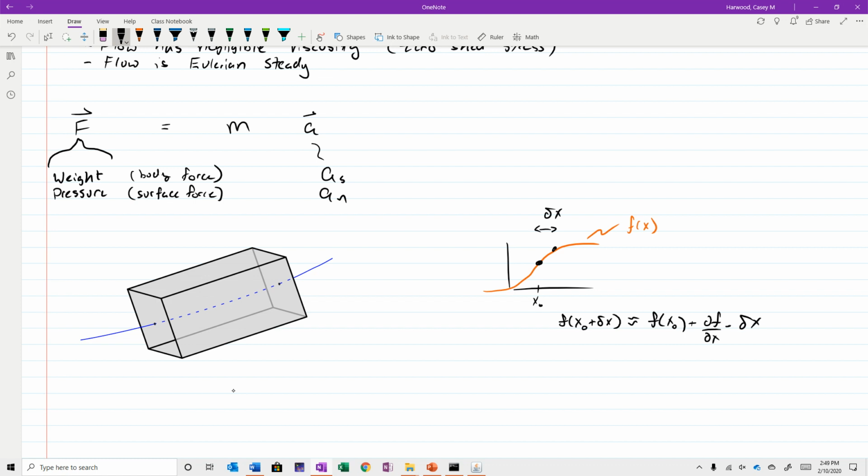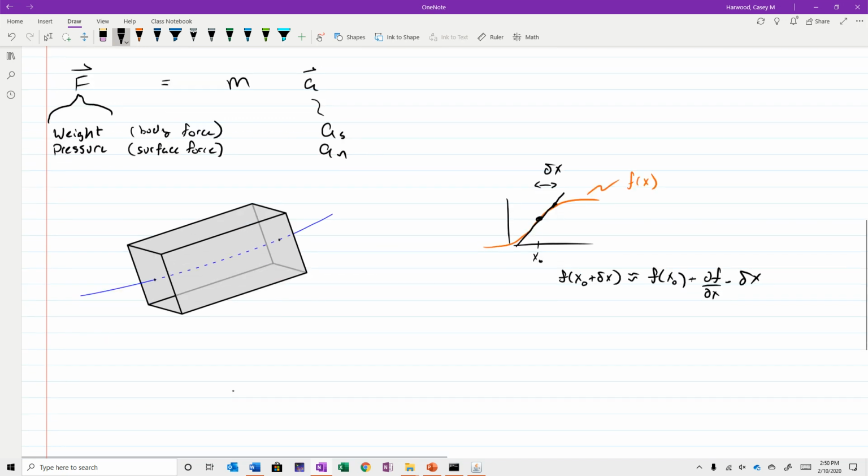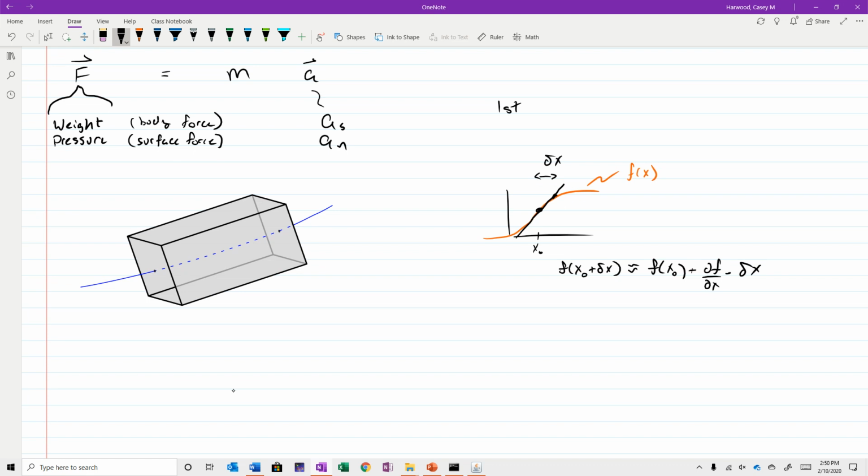Basically, this value plus a linear slope approximation passing through that point times the distance away. That's a first-order Taylor series approximation. And a lot of the stuff we do in this class is going to be based on this sort of first order approximation of the way that things like pressures and shear stresses change. So we'll call this first order TS.